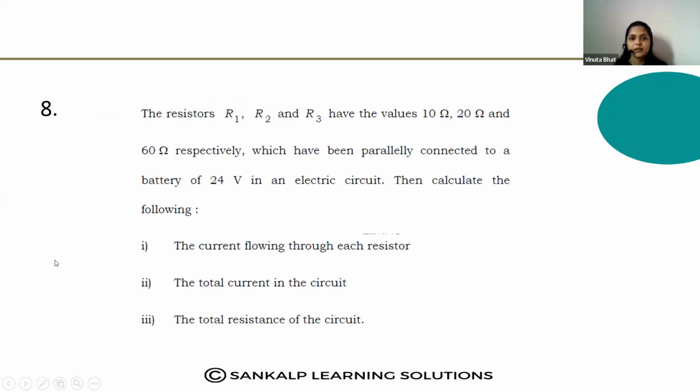Next question. The resistors R1, R2 and R3 have the values of 10 ohm, 20 ohm and 60 ohm respectively, which have been connected in parallel to a 24 volt battery in an electric circuit.